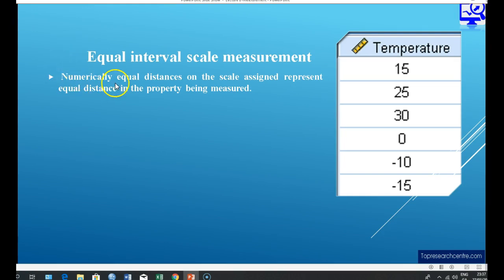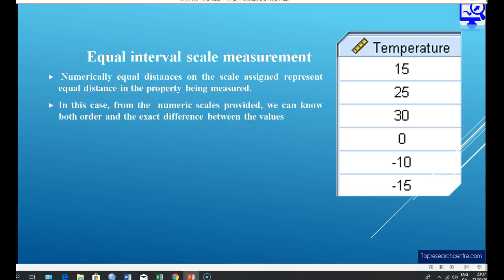So numerically equal distance on the scale assigned represents equal distance in the property being measured. In this case, we are measuring temperature in degrees Celsius. But if we want to look at the difference between 15 and 25 and 25 and 35, the distance remains the same. That's what that statement implies.